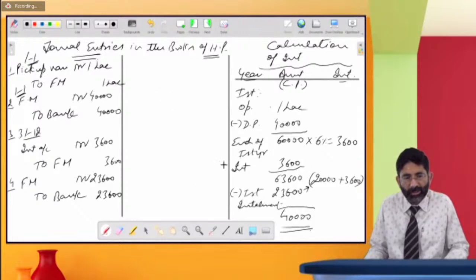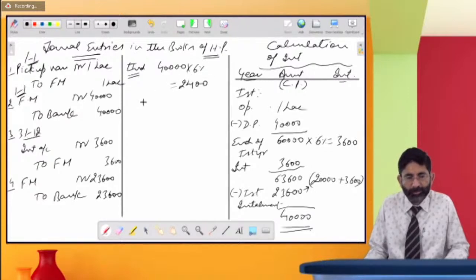So is that clear? Now how to get the interest for the second year? Let's do it. 40,000 is the opening balance. Next year, interest will be calculated on this amount. So 40,000 into 6% is equal to 2,400. So that will be added to it.